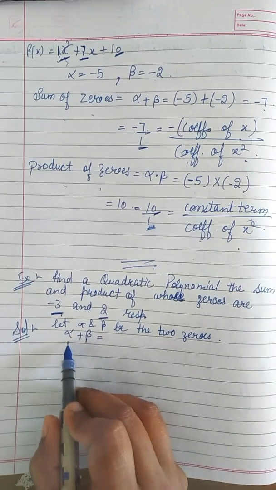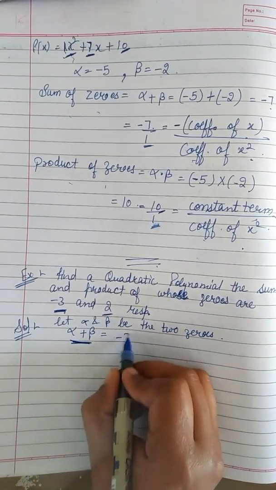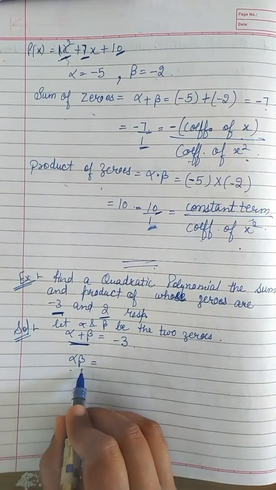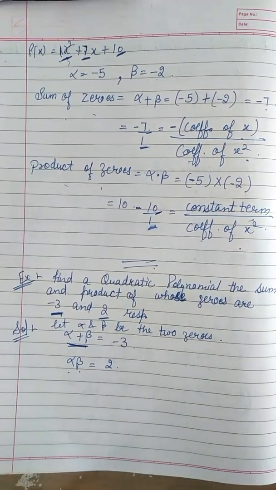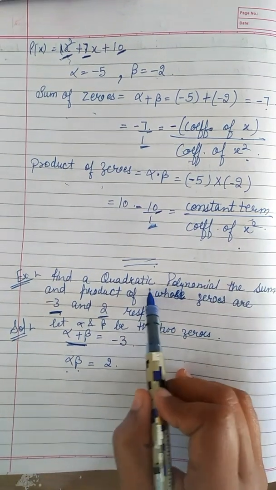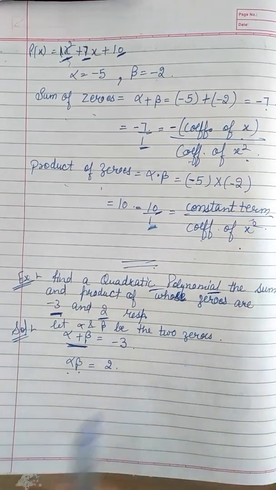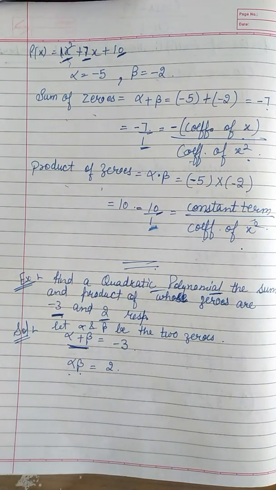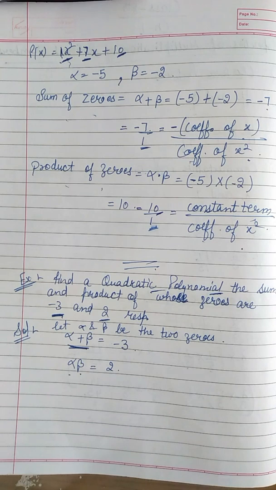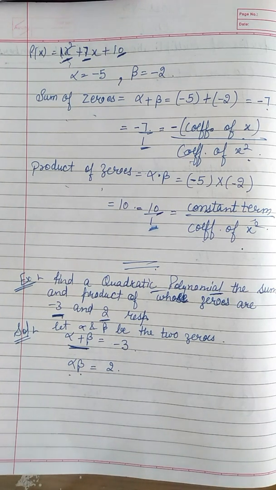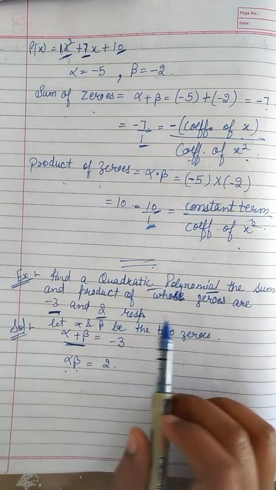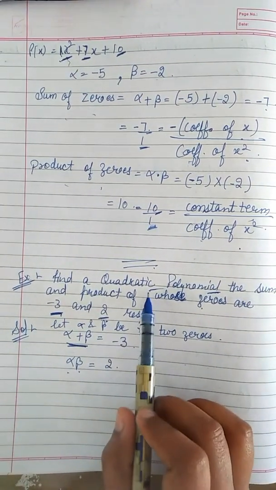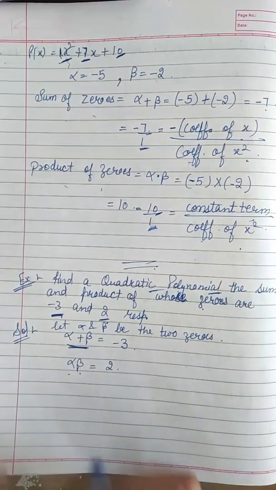So sum of the zeros is minus 3, and alpha into beta, product of the zeros, is given, that is 2. Now we have to find the quadratic polynomial. In the previous questions, quadratic polynomial is given and we have to find the sum of zeros and product of zeros. But in this question, product of zeros and sum of zeros is given and we have to find the quadratic polynomial.